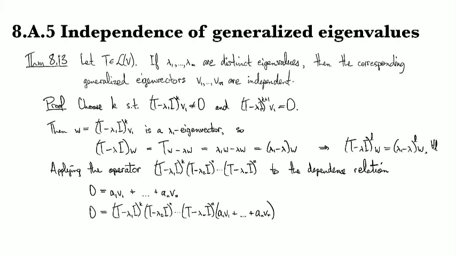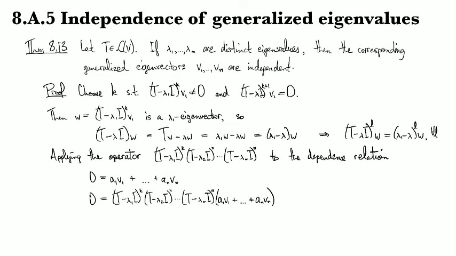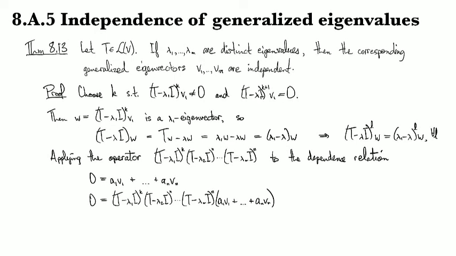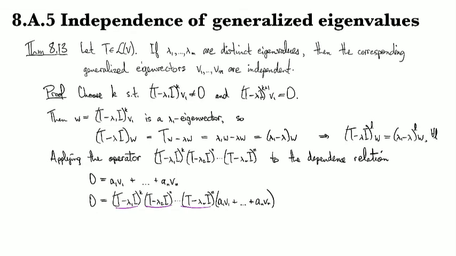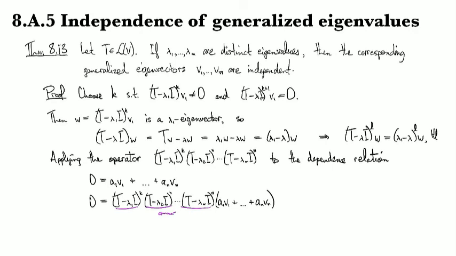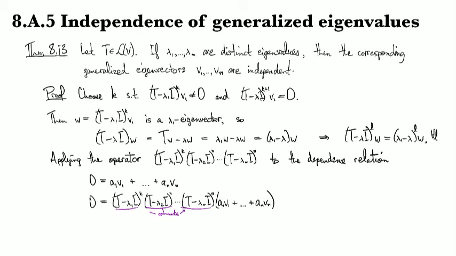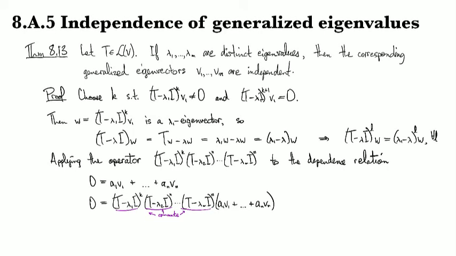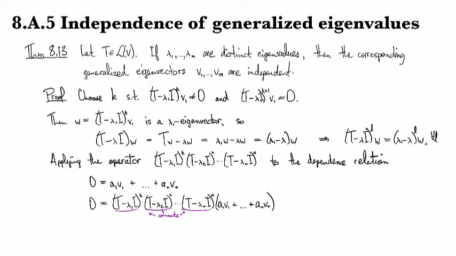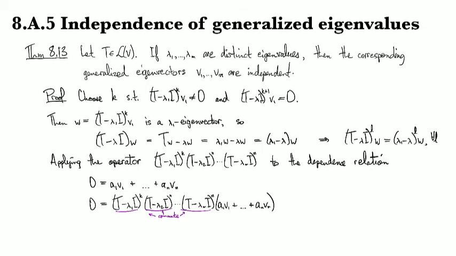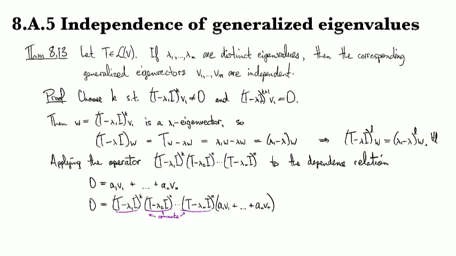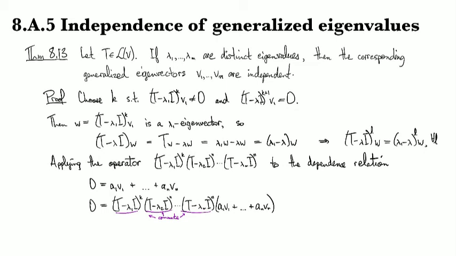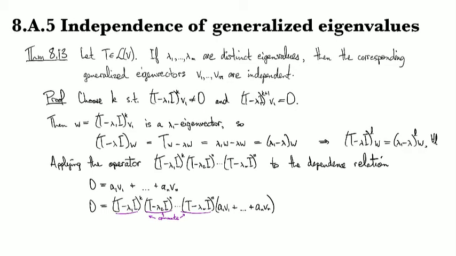And now what do we have here? Well, notice that we can reorder these. All of these commute with each other. That was some theorem back in chapter 5: polynomials in T commute with other polynomials in T. Okay, and so we can look at what happens specifically to the components of this.